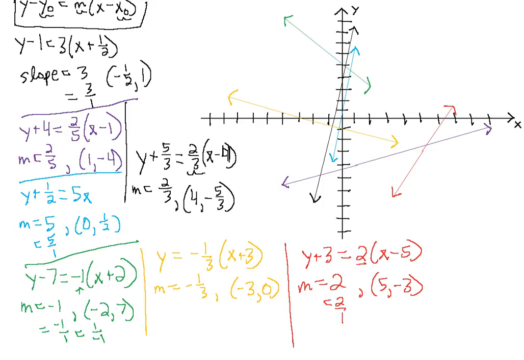So the line goes through the point 1, 2, 3, 4, and minus 5 over 3, or minus 1 2/3, which is about right here. So the line goes through this point, goes in this direction, and it goes in this direction. Put our arrows on the end, because it goes infinitely in both directions. And there you have it.